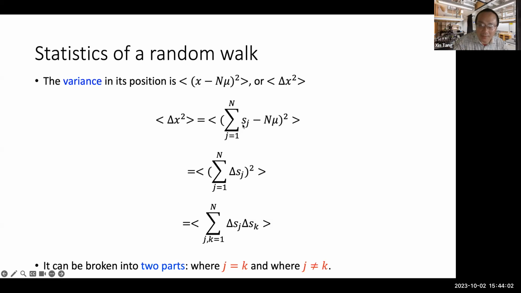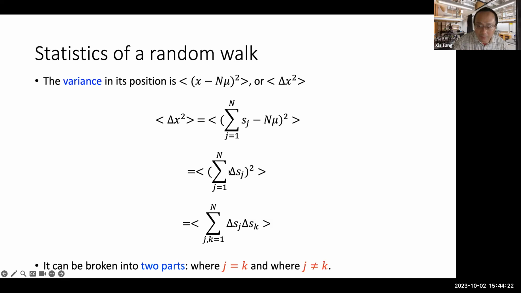Each term is the step minus mu. Then you get a net change delta sj, summing together n delta xj, and then take the square, take the average, right? Good. Now once we have this, right now you have one term.